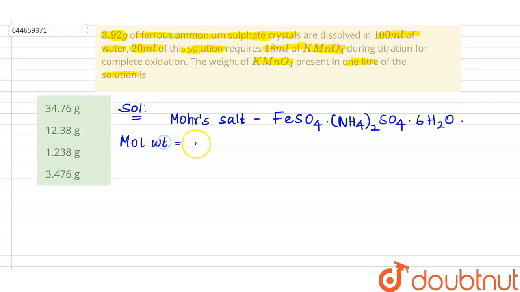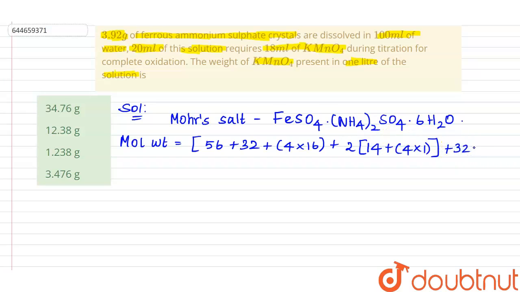The molecular weight will be equal to the sum of the atomic weights of the atoms above. For iron it is 56, plus sulfur 32, plus oxygen 16, here 4, so 4 into 16, plus 2 nitrogen 14, plus 4 into 1 hydrogen, there are 4 present, so 4 into 1, plus sulfur again 32, plus oxygen 4 into 16, and then plus 6 moles of water, so 6 into (2 into 1 plus 16).